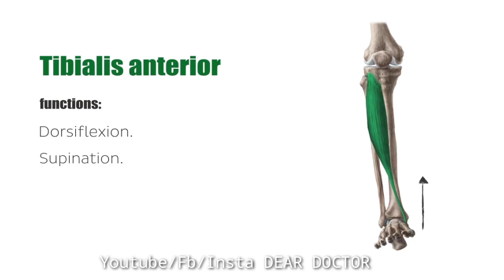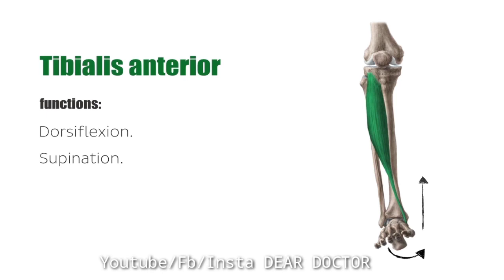And remember the insertion at the plantar side of the medial cuneiform bone when I talked about the insertion points for the tibialis anterior? Well, basically, a supination of the ankle joint is when you lift the medial side and stand on the lateral edge of your foot, as you can also see represented by the image and this arrow.